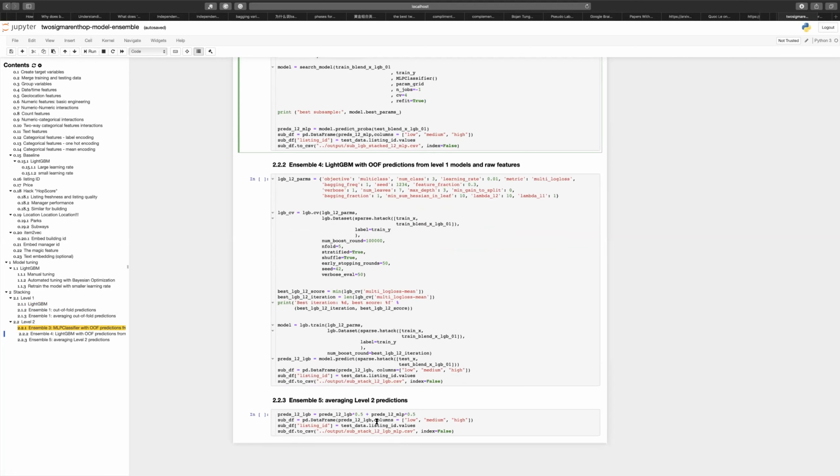Then we combine all the different things together to create our final submission. If you followed the whole process, it would rank you in the top 20 or top 1% on this competition.